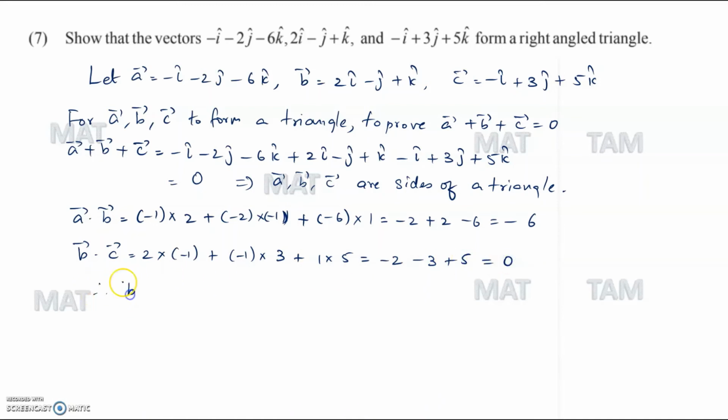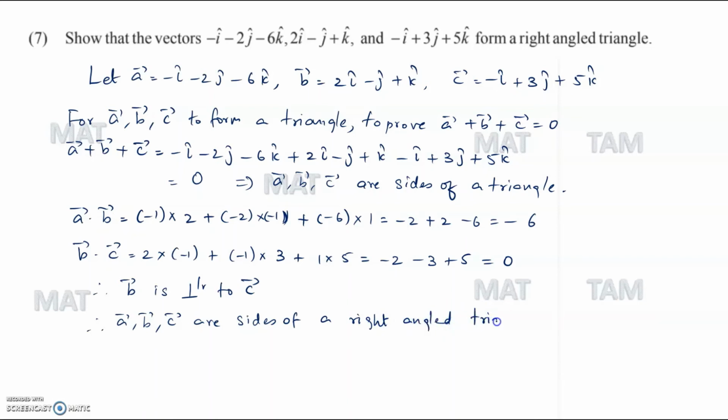Therefore, B vector is perpendicular to vector C. Therefore, A, B, C are sides of a right angled triangle.